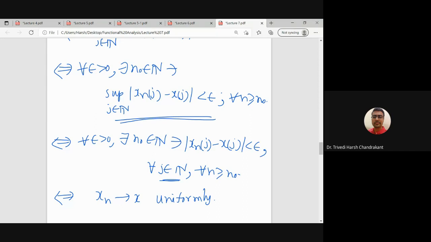So I believe you studied uniform convergence in analysis 1, right? So if this n naught does not depend on j, then the convergence is essentially uniform convergence.